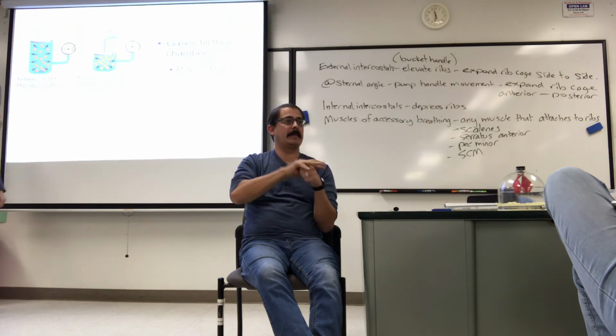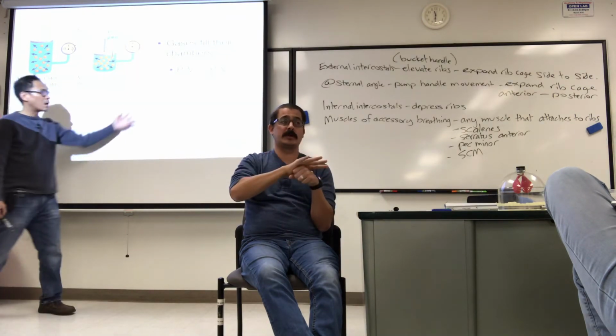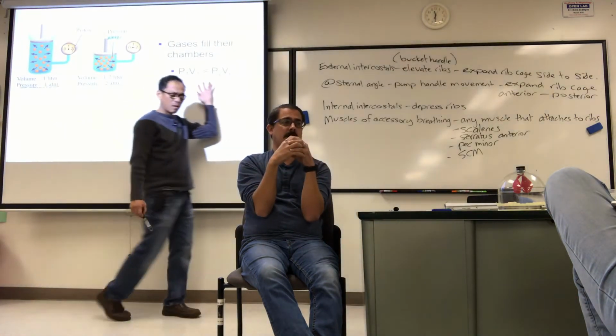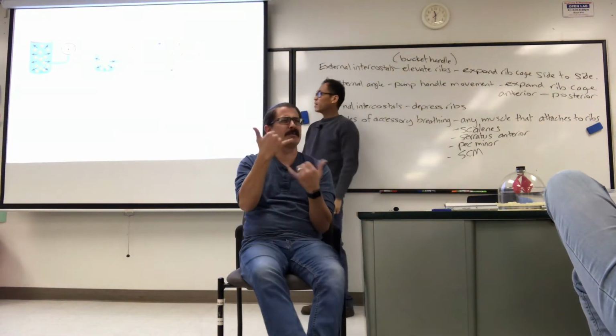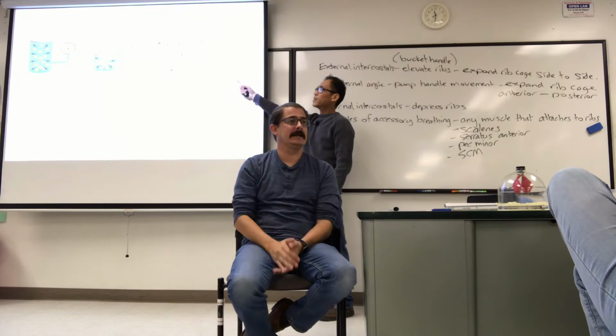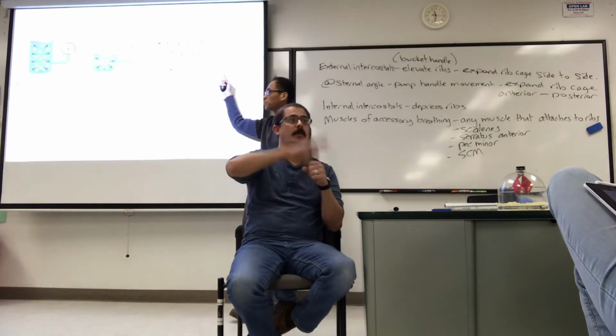If you compress the volume, you double the pressure, so that this law, Charles' law, I think, was Boyle's law, can't remember right now. But the point is, it stays equal. If you halve the volume, you double the pressure so that the law stays true.